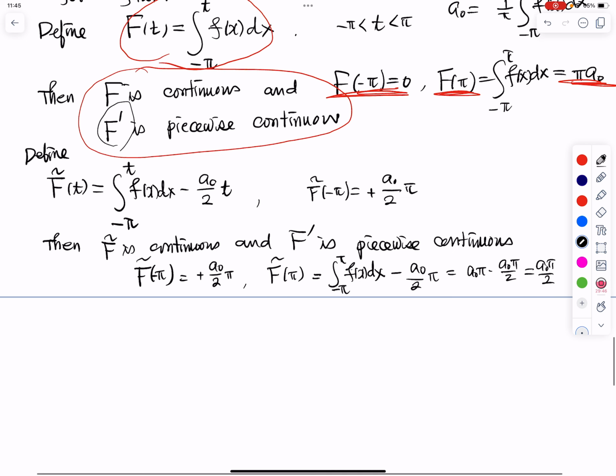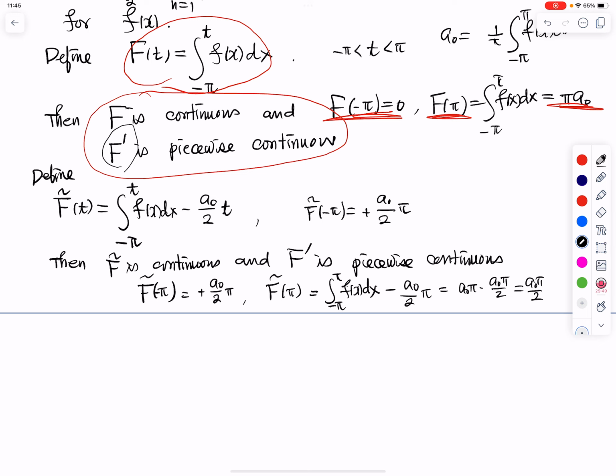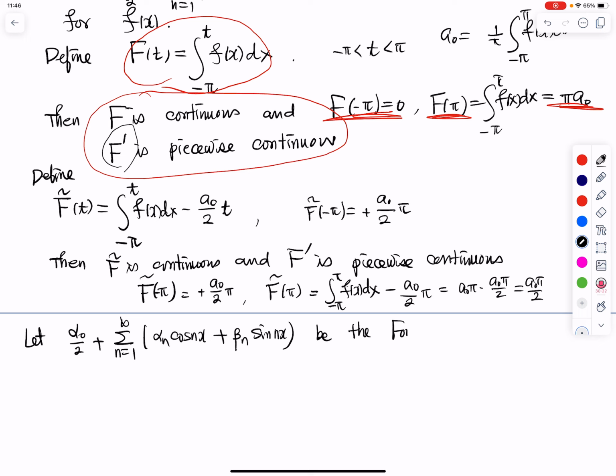Then I can compute the Fourier series for f tilde. So let alpha 0 over 2 plus the summation from n equals 1 to infinity of alpha n cosine nx plus beta n sine nx be the Fourier series for f tilde, and f tilde prime.